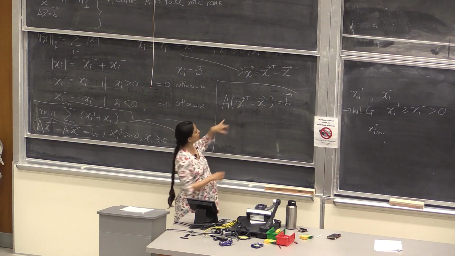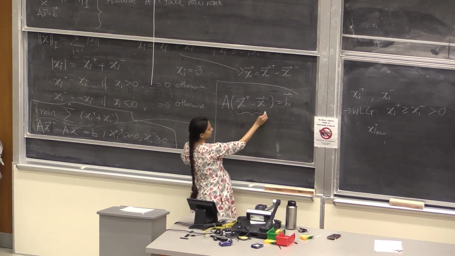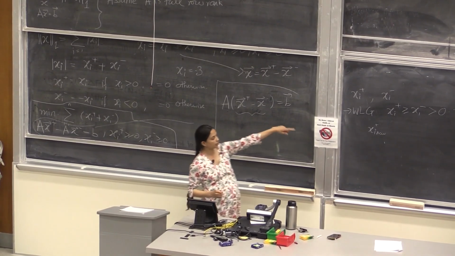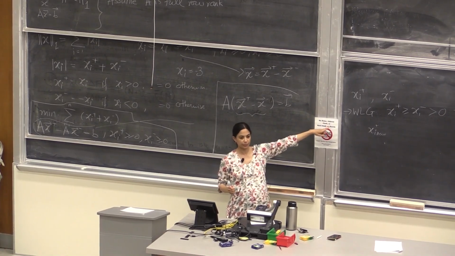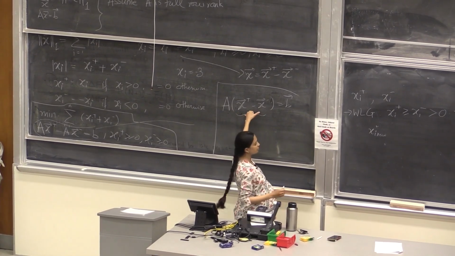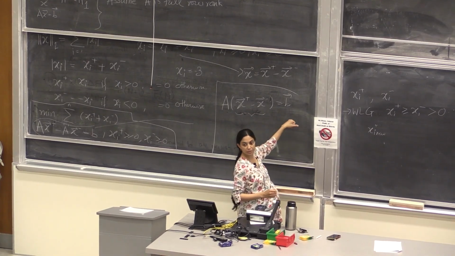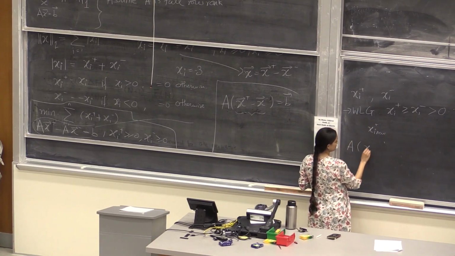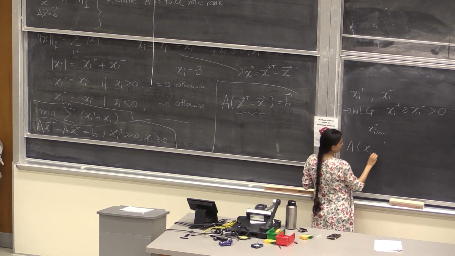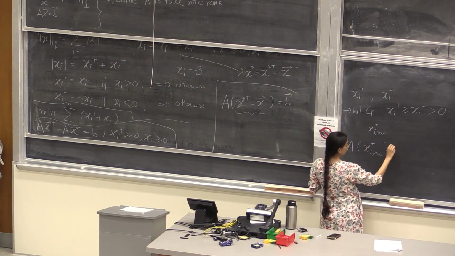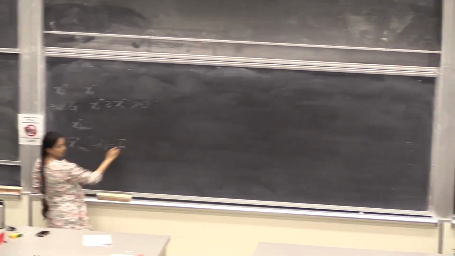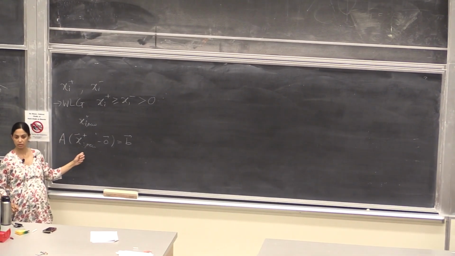So what is this quantity here? This is x, but in our notation here, I have A times the difference between these things is equal to b, right? So A times xi new is also equal to b, right?